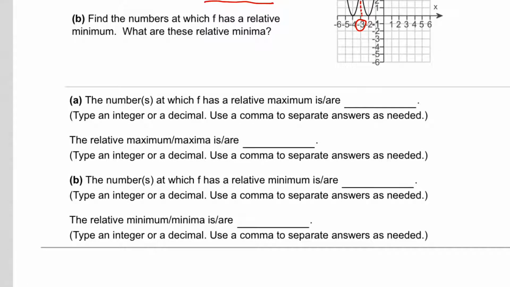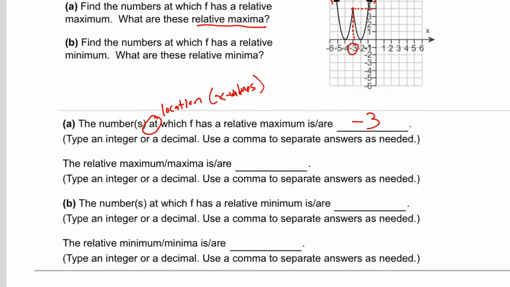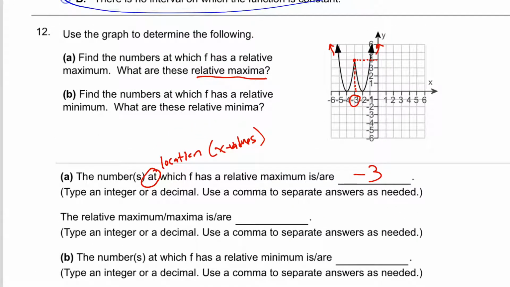So we have at, that's location, so that's x values. So that's going to be, I think you can put it just, see, use a comma to separate answers, so you just need to put a -3. So that's the location. Now what is the height of that?